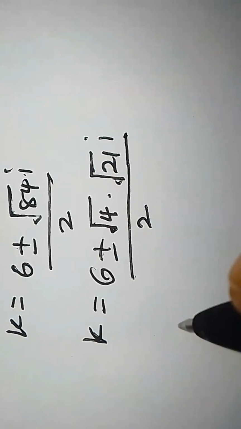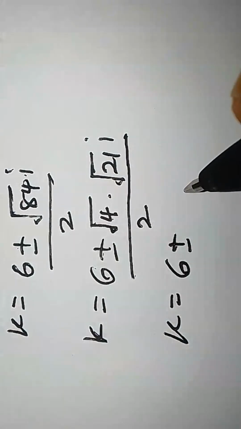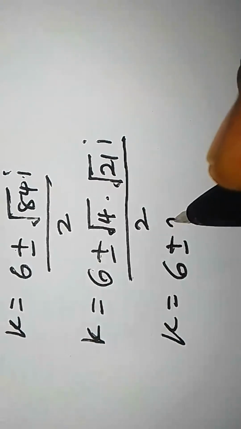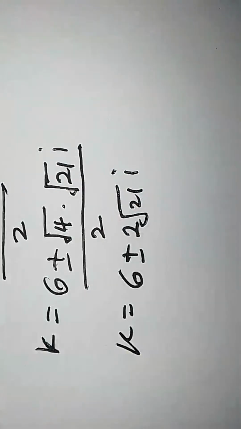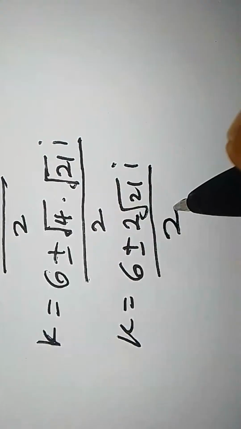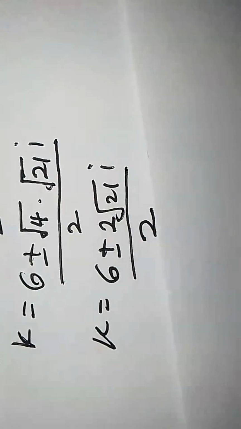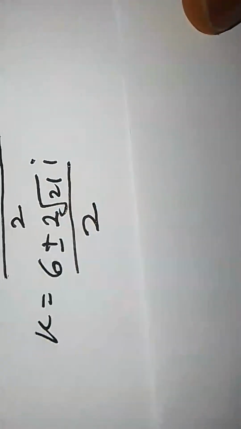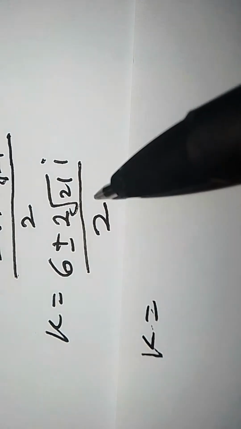Very good. So k is equal to 6 plus or minus, what is the square root of 4? That is simply 2 times the square root of 21 i, divided by 2. Let's continue. You will notice that we can factor out 2 from this numerator.